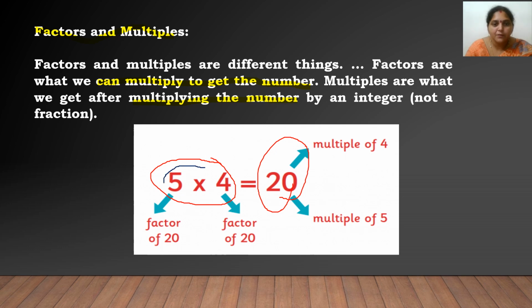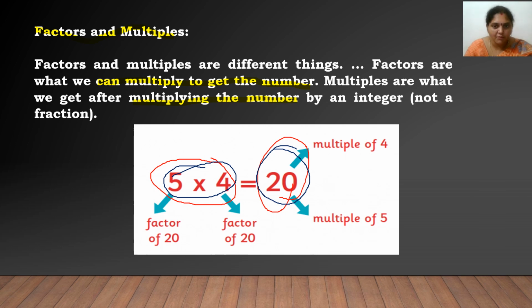These 5 and 4 are my factors because these two numbers are multiplied with each other. When we multiply 5 and 4, we get one number. What is that number? That number is 20.